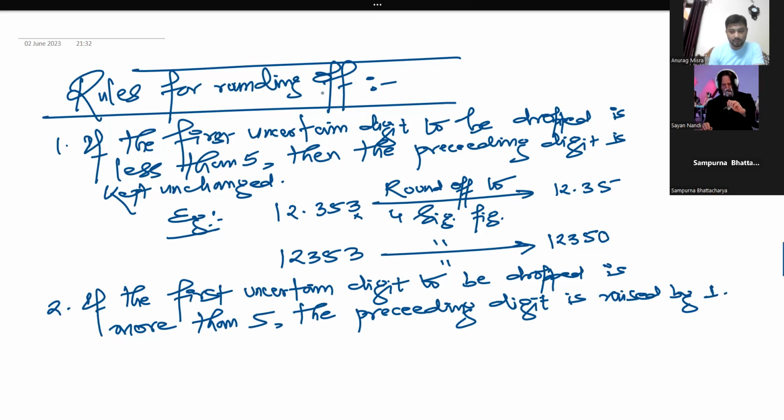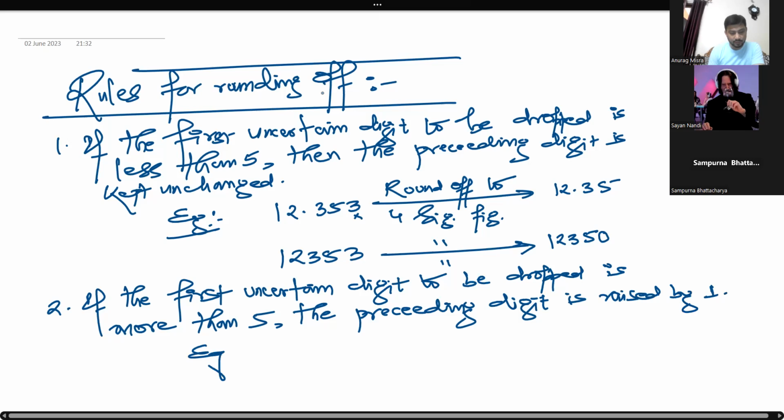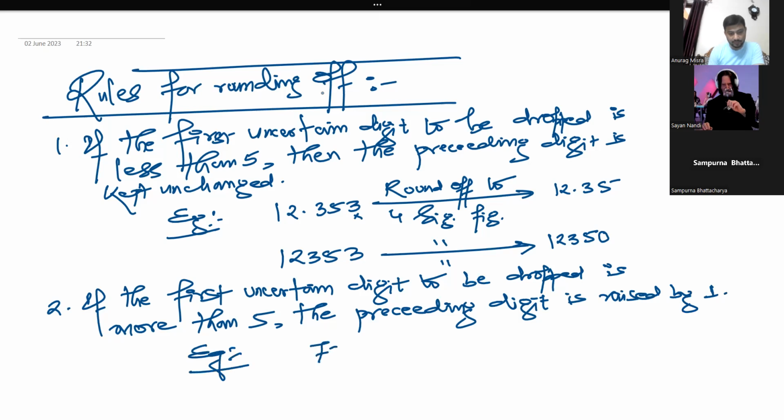Say for example, if I take the number 75.6, and I want to round it off to say 2 significant figures.